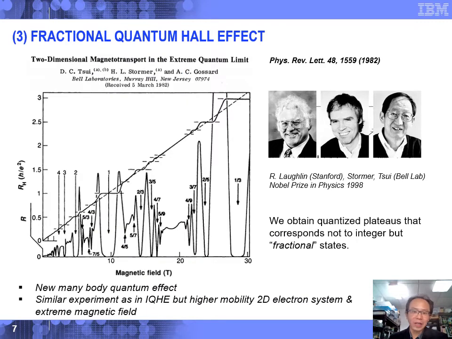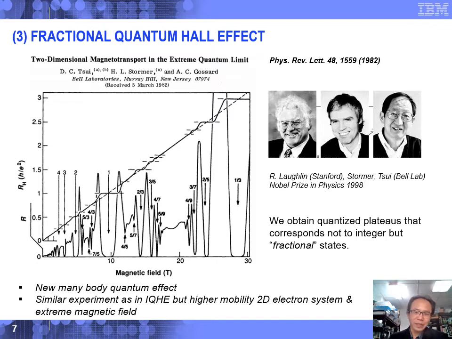And later on, Stormer and Tsui from Bell Lab extended von Klitzing's experiment to higher magnetic field and even higher mobility and higher quality material, and they observed a new quantum regime where there are quantized steps which are not associated with integer quantization anymore, but rather associated with the fractional states as shown over here.